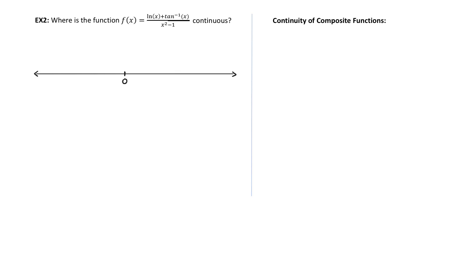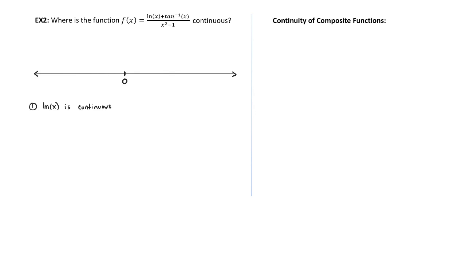What we're going to do is use all of the tools that we have so far. So we know that ln x is continuous. Let me start though by noting where they are continuous. So let's start with ln x. I know that ln x is continuous. If you think of the graph, I need you to visualize the graph.